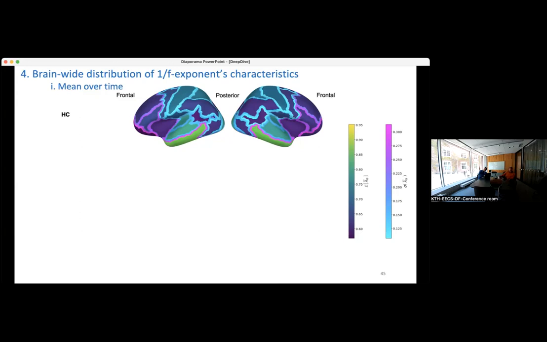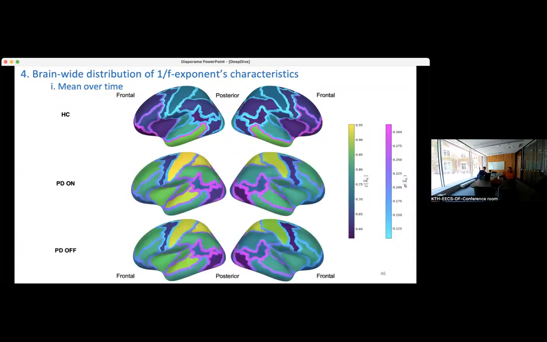So you see that the blue regions with the blue borders have a small variation between patients, and the purplish regions are the ones with more variation within the group.